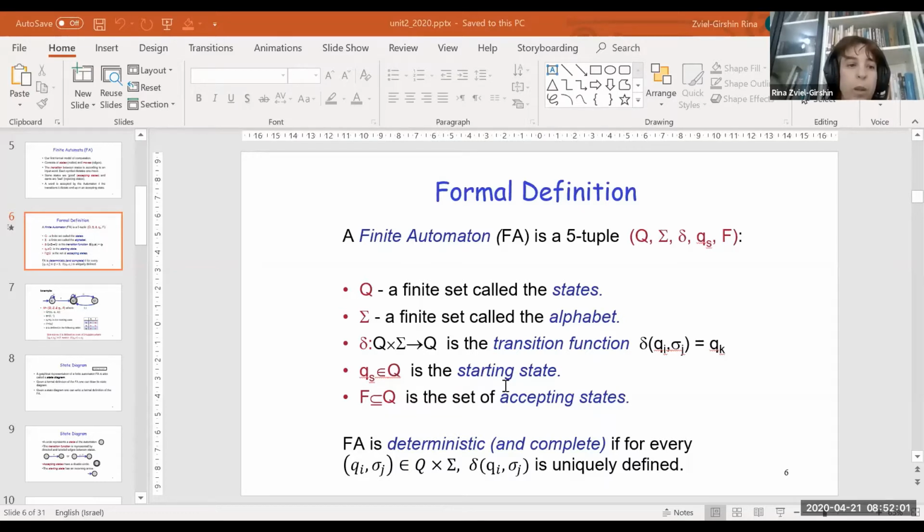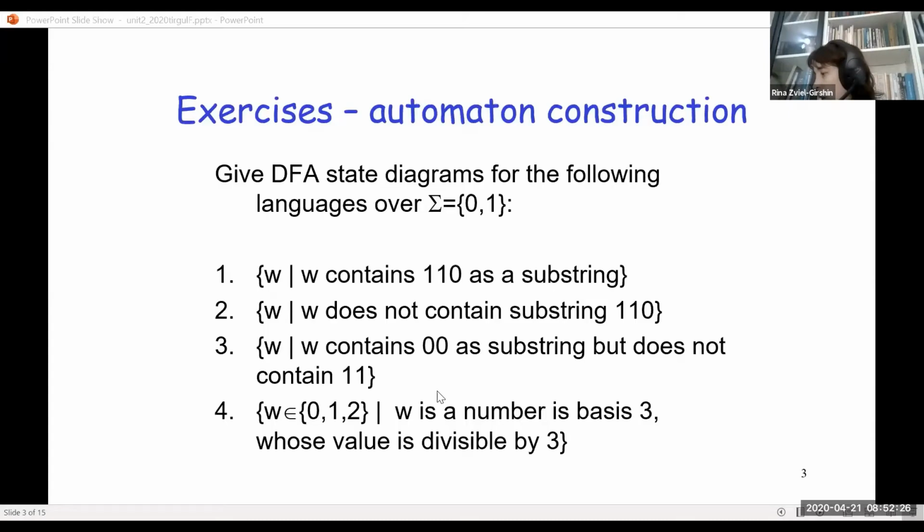Wait, here. Do you see the exercises that we should solve? No? Wait, I will stop sharing and do it once again. I have my tablet connected, so let's see. Now? Yes, now you see it.